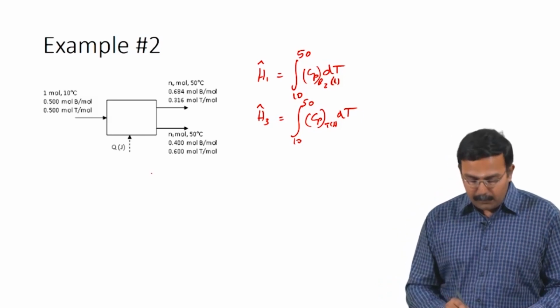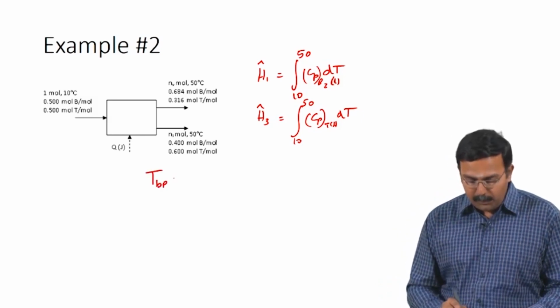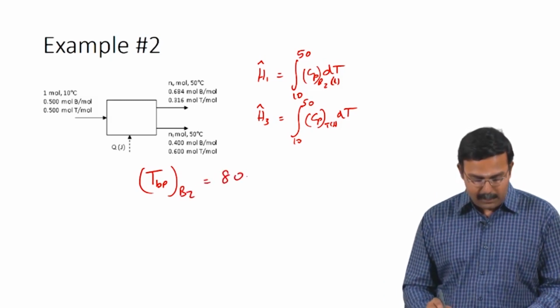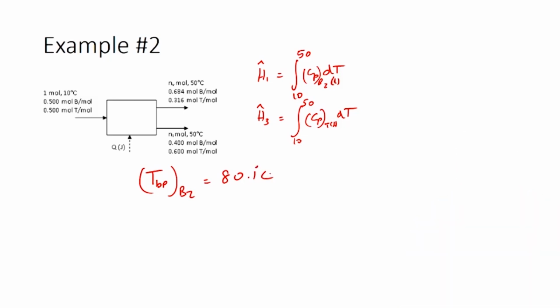For benzene we first need to identify the boiling point. When we look up a table, the boiling point of benzene can be identified as 80.1 degrees Celsius. The standard heat of vaporization of benzene at this particular temperature can be obtained from textbooks and handbooks.